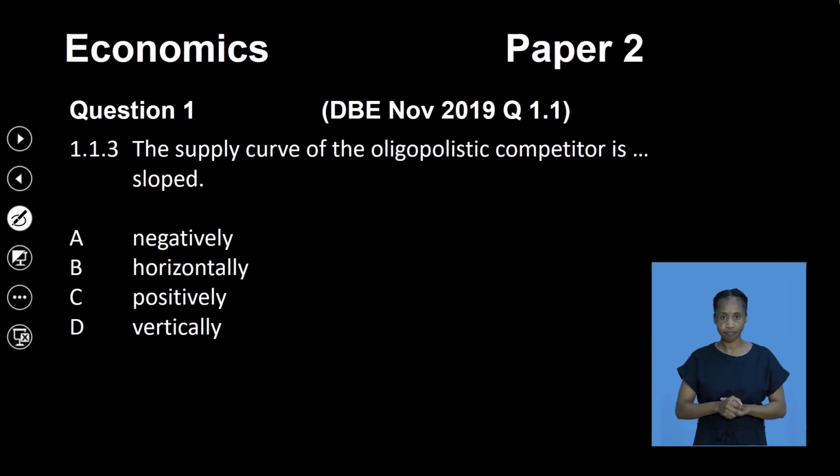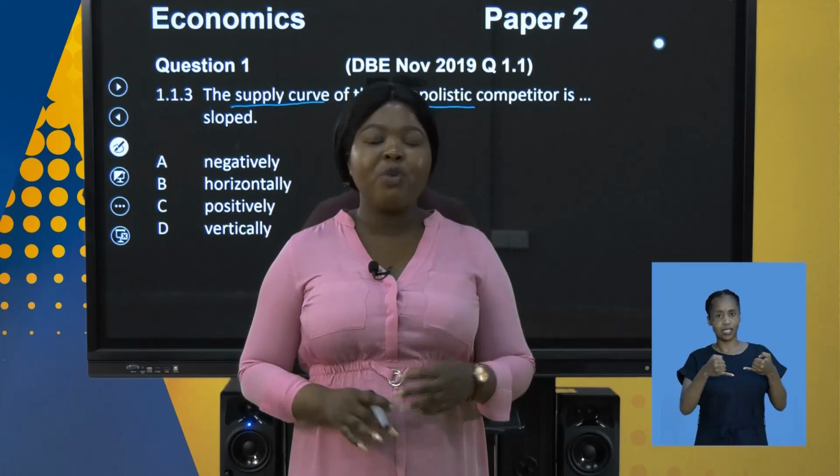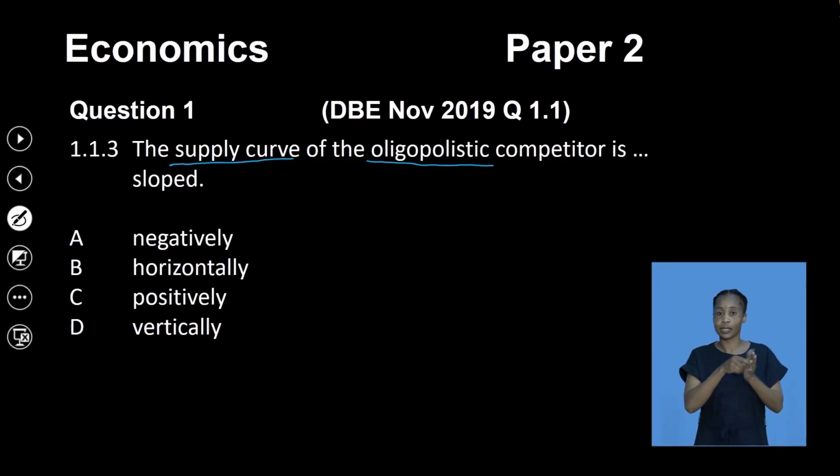1.13 says, the supply curve of the oligopolist competitor is... Remember, guys, when you get a question like this, you need to underline the keyword. The keyword is supply. A lot of learners might make a mistake by defining the demand curve, because we have dealt with the demand curve quite a lot, but the question is not asking for a demand curve. The question is asking for a supply curve. Let's look at our responses.